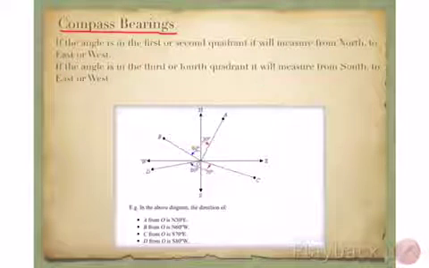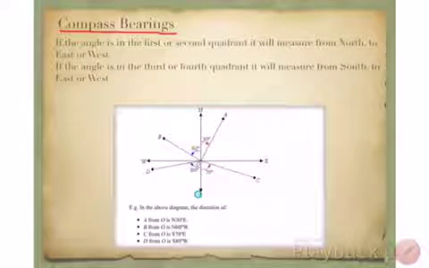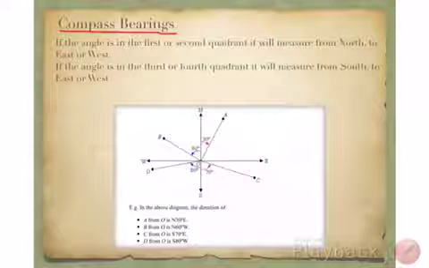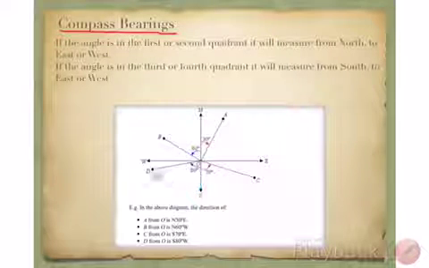If it's in the third or fourth quadrant, so this one or this one, then we measure from south and we go east or west. So C is starting from south going towards east, so it's south 70 east. And my D here is going from south to west, so it's south 80 west.